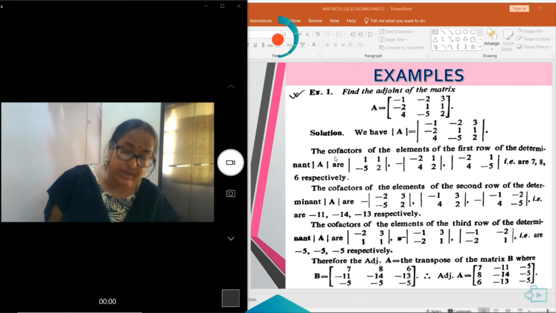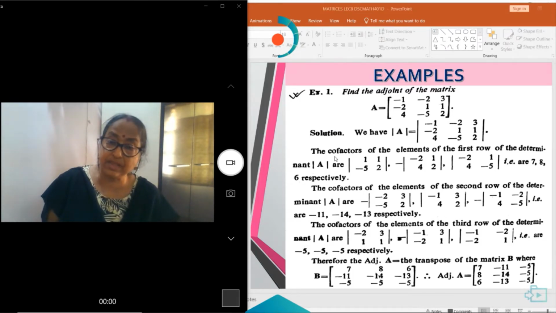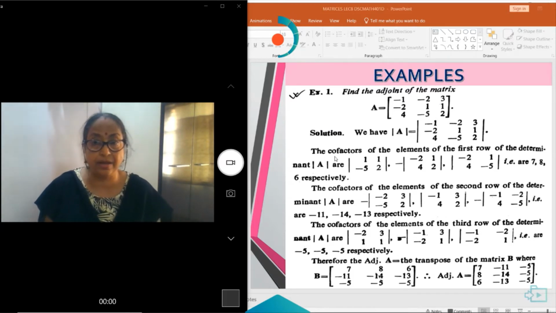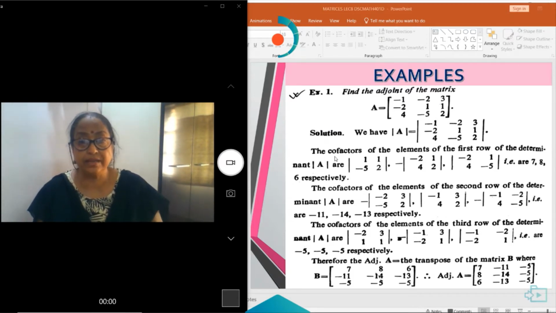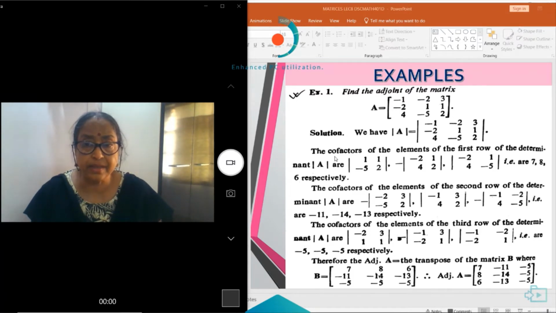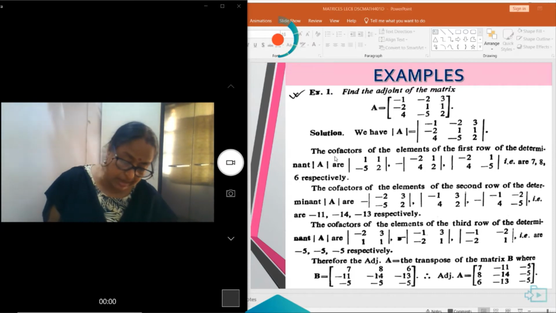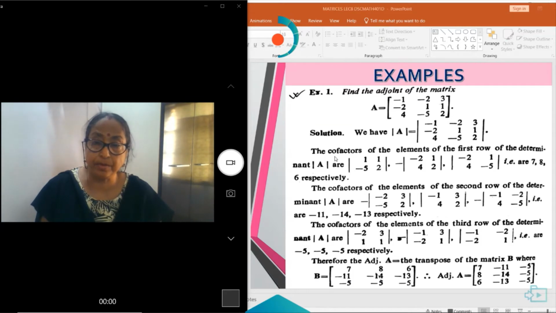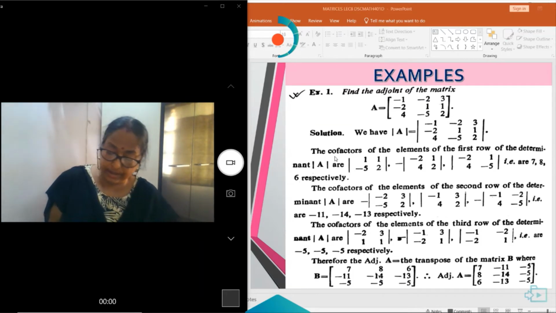So now adjoint A is equal to the transpose of B, that is B dash, that is changing the rows into columns in B, we get adjoint A. So interchanging rows and columns, we get the matrix you can see on your screen. So this is the process of how to find the adjoint A.